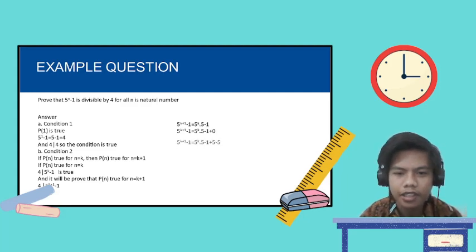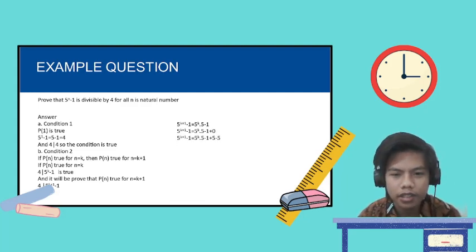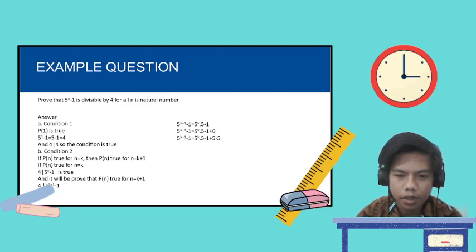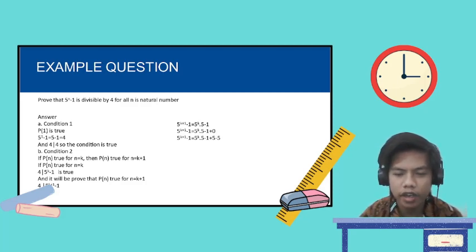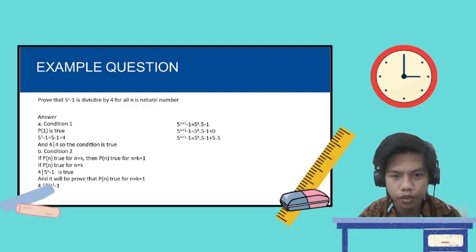So we can write that as 5 to the power of k times 5 minus 1 plus 5 minus 5, because 5 minus 5 equals 0.